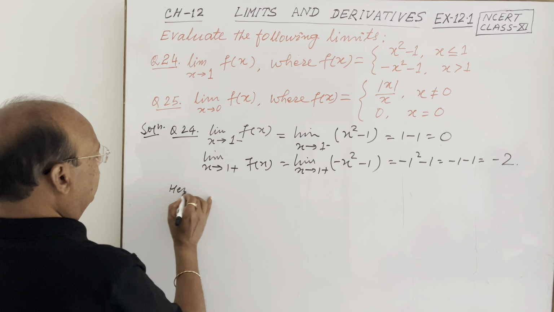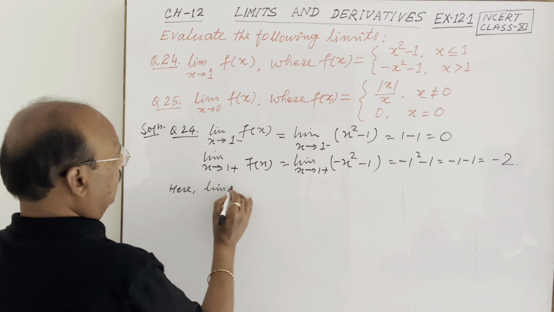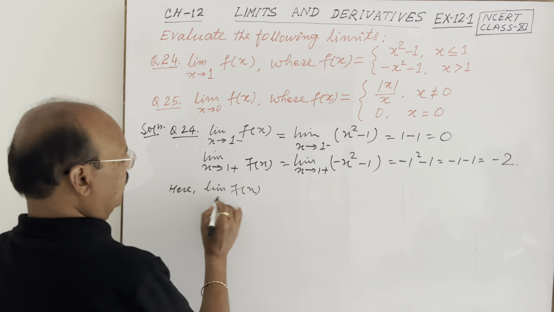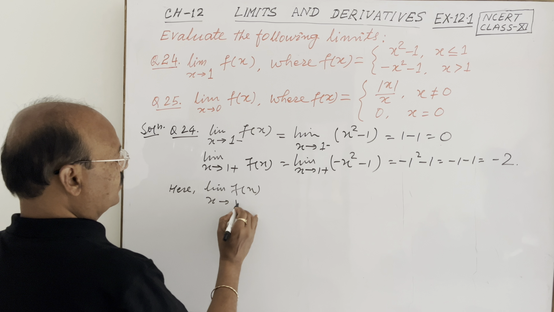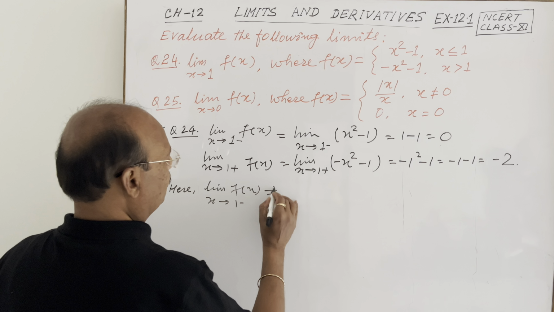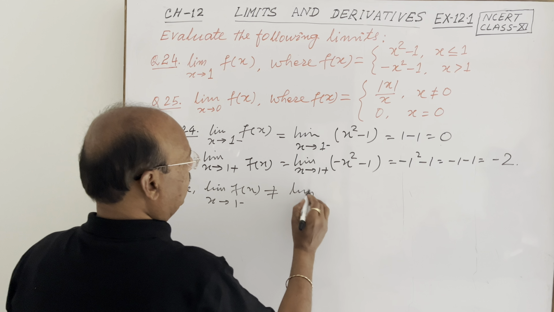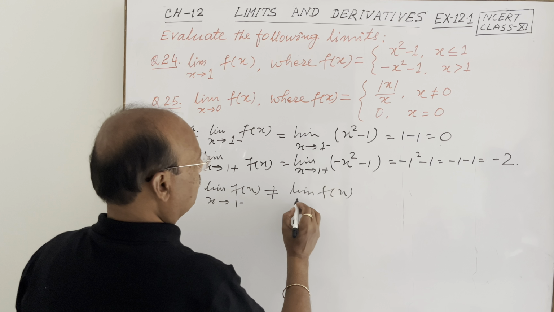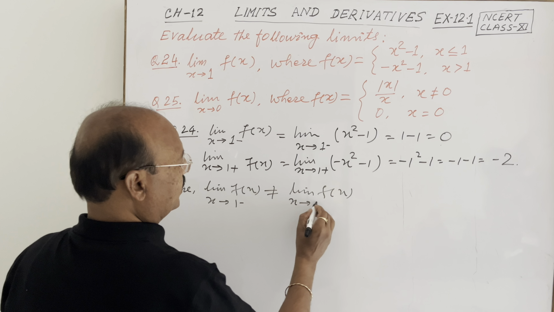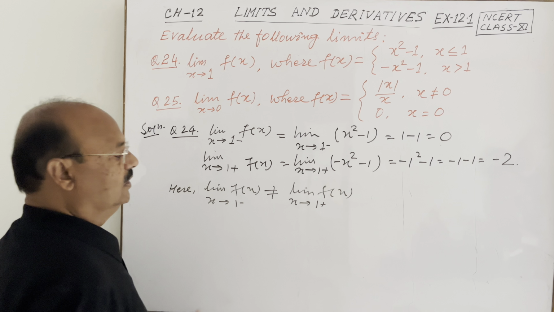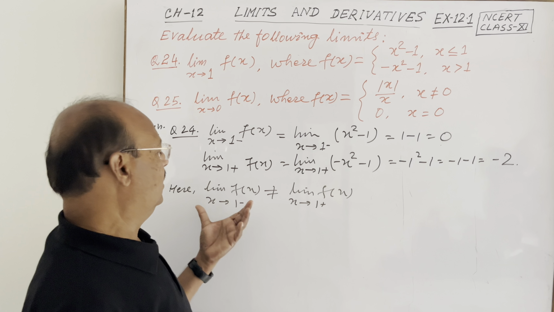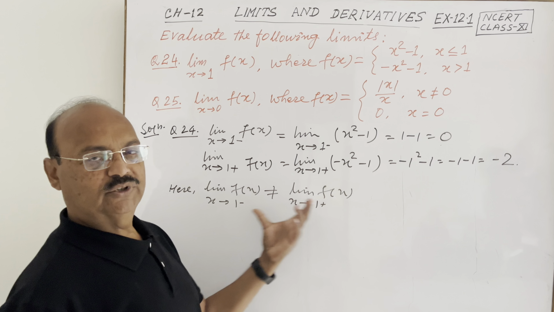So we find here that limit of the function f(x) in left hand limit x tends to 1 minus is not equal to limit of this function f(x) for right hand limit x tends to 1 plus. So limit exists only when left hand limit and right hand limit both are equal.